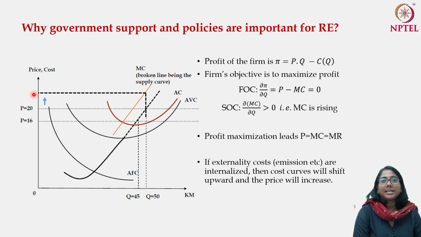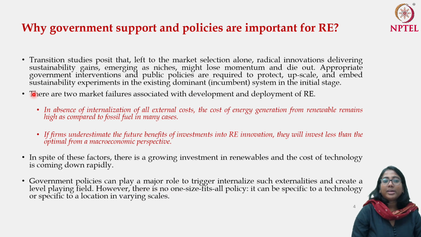Now what we can see is that although that is what the market price signals to us, we also know this market price is actually an underestimation of the true price of power that is being generated through non-renewable sources. So this is why we say, again we come back to this point, in absence of internalization of all external costs, the cost of energy generation from renewable remains high as compared to the fossil fuel in many cases, and this is one reason of market failure attached to the renewable energy.